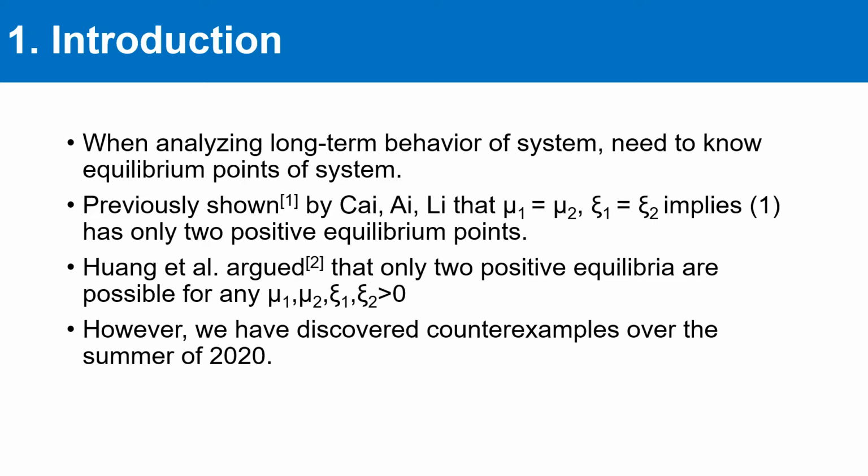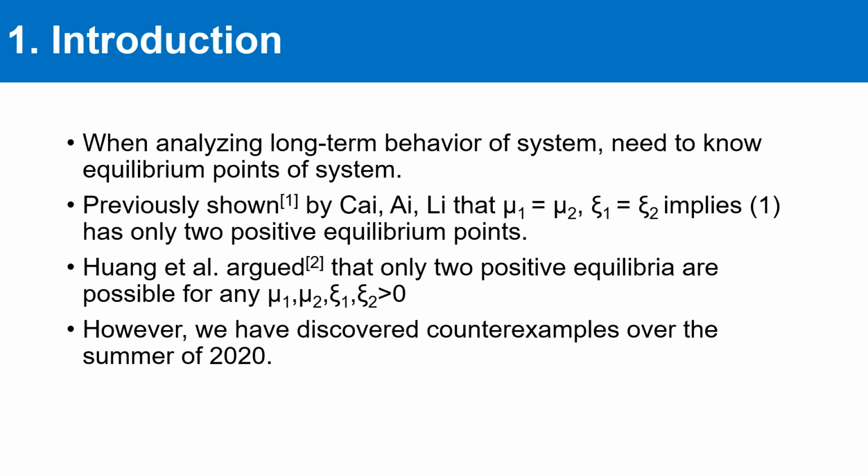It's been previously shown by a team of researchers, including Dr. Ai, that if mu1 equals mu2 and z1 equals z2, then the system 1 has only 2 positive equilibrium points, that is, points where both W and G are positive. Another team of researchers argued that this result, that only 2 positive equilibria, would always hold for any positive values of coefficients.